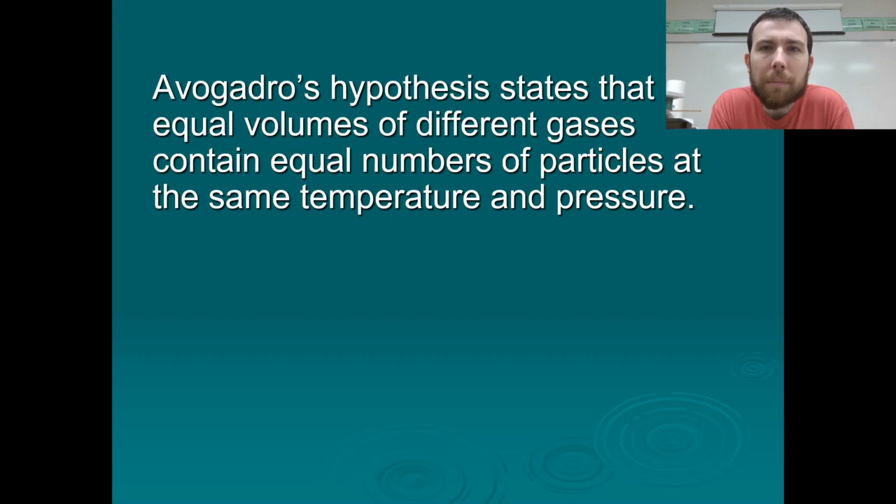So what he's communicating is, if you've got the same conditions of temperature and pressure, and the volumes are the same, let's say you have 5 liters of oxygen and 5 liters of hydrogen, both at the same temperature and the same pressure, then those 5 liters of each gas contain an equal number of particles in their container. That was a pretty big idea, a pretty big conclusion to make, and he was able to experimentally determine that particular hypothesis.